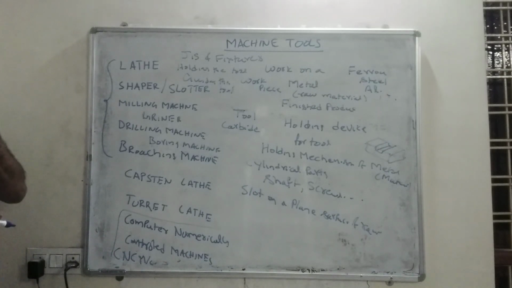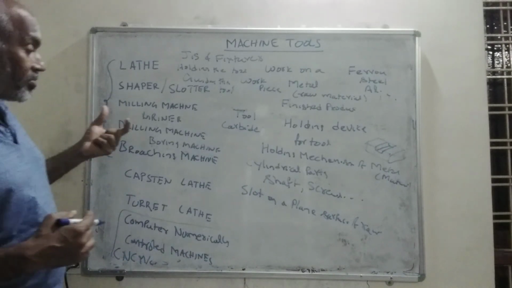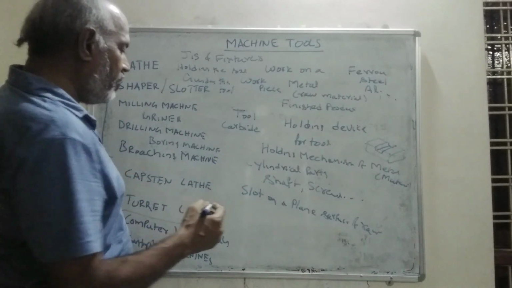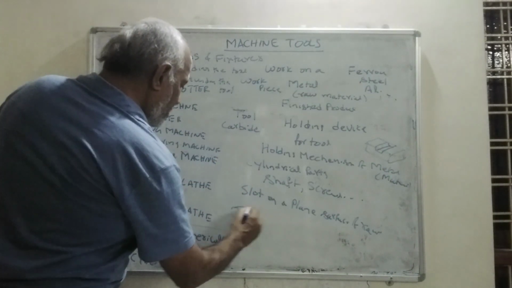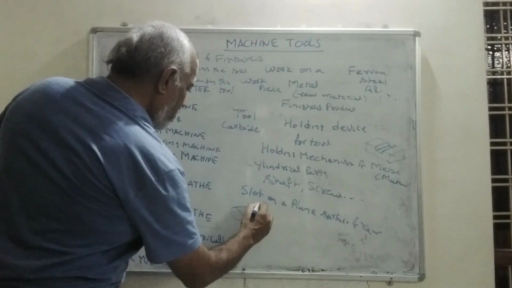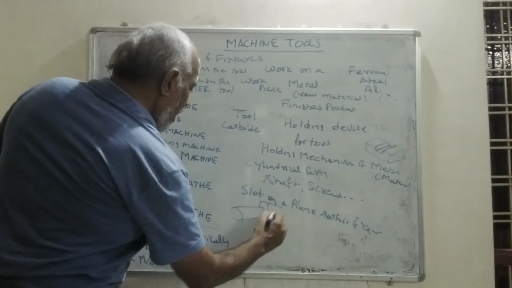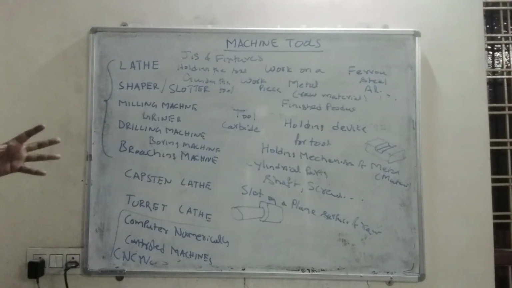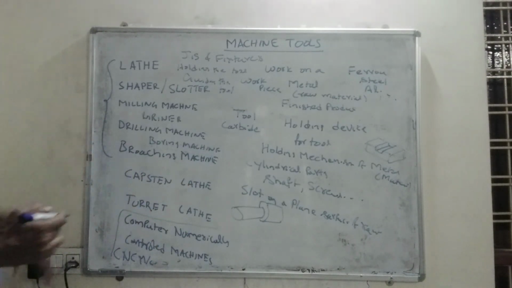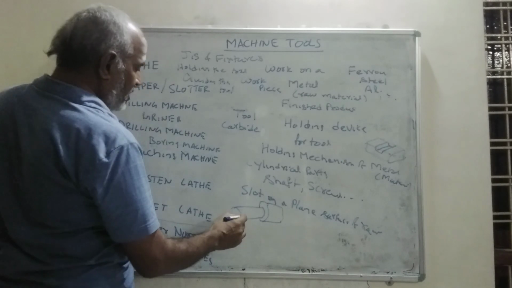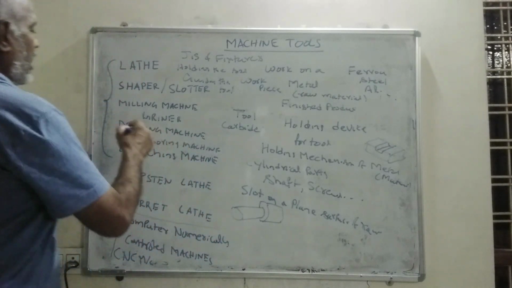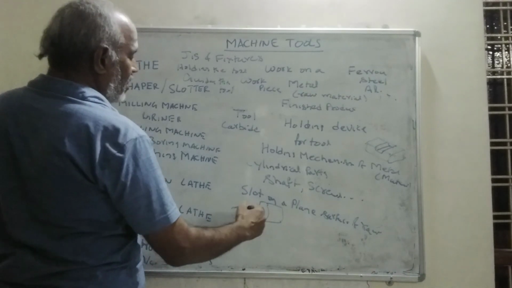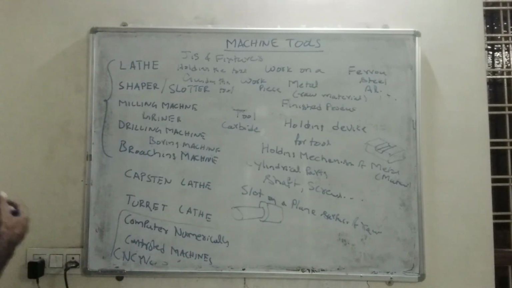Now, what is this grinding machine? That means you have completed a shaft, and the shaft has some dimensions, so it has a rough surface. Now we want to remove this rough surface, so we have to use grinders to remove the roughness on the surface of the finished product.